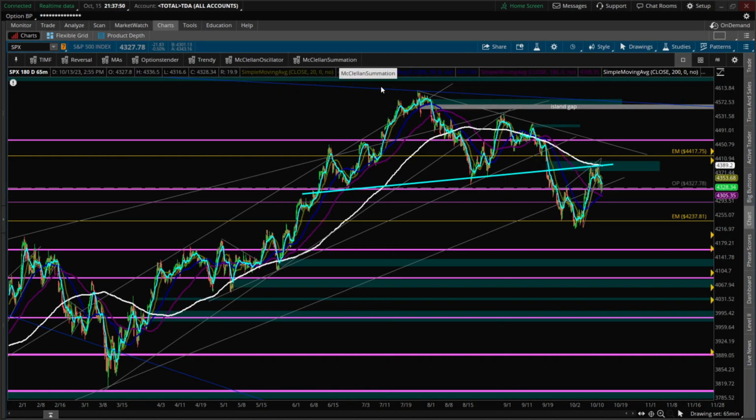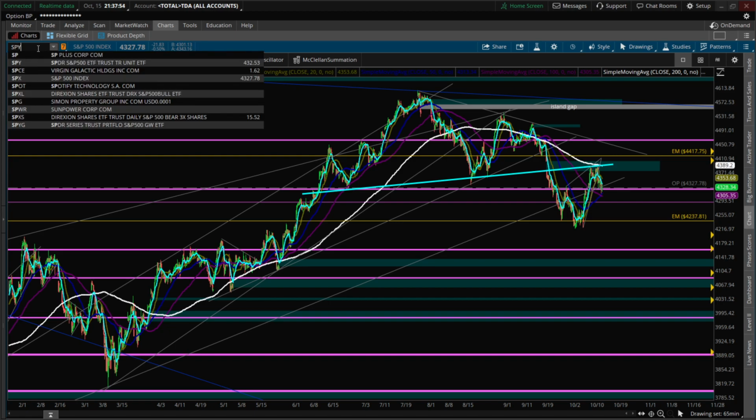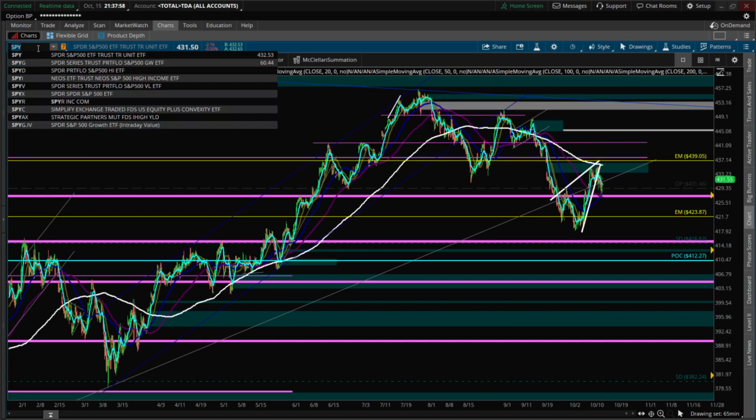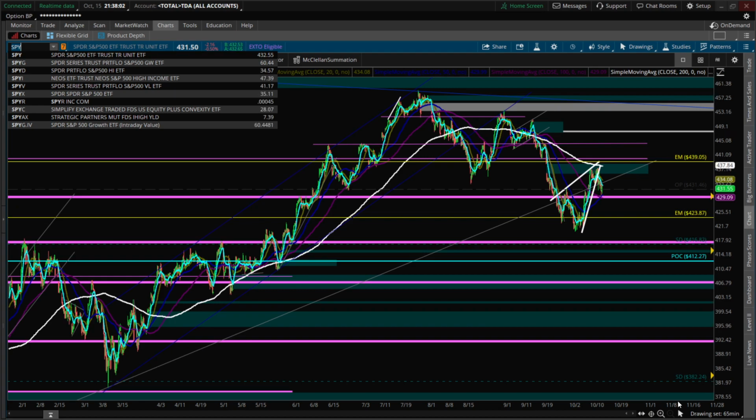And now let's go over to SPY, and then we can check out the traditional technical analysis, and then we can go over to the Elliott wave count. Okay, so we're showing pretty much the same thing.